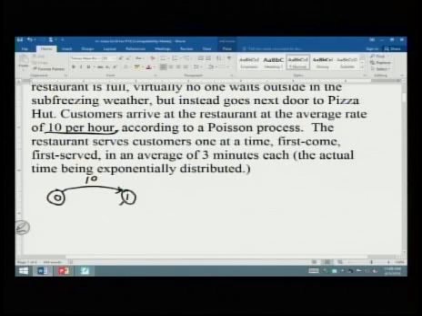Okay, then what is the service rate then? If there is one customer, what is the service rate? 3 minutes is a service time, but we need to put the service rate. So what number are you going to put?